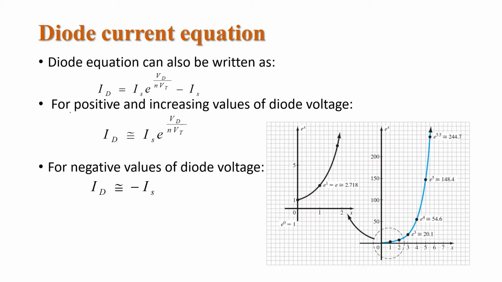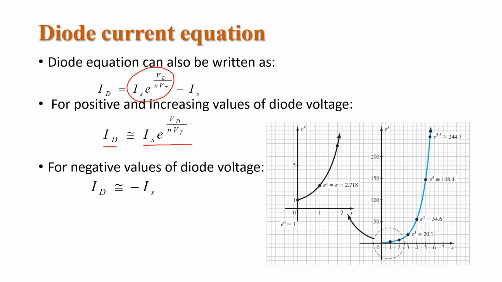So for such regions, for positive and increasing values of diode voltage, you can approximate the diode current as approximately equal to the reverse saturation current times e to the power VD upon NVT, that is the contribution due to the very first term.